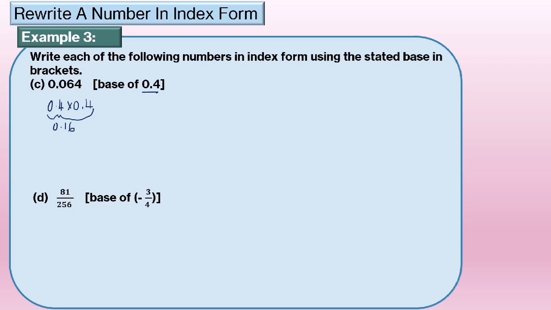Okay, so you times again 0.4. So times 0.4, you will get 0.064. So 0.064 equals 0.4 power of 3.